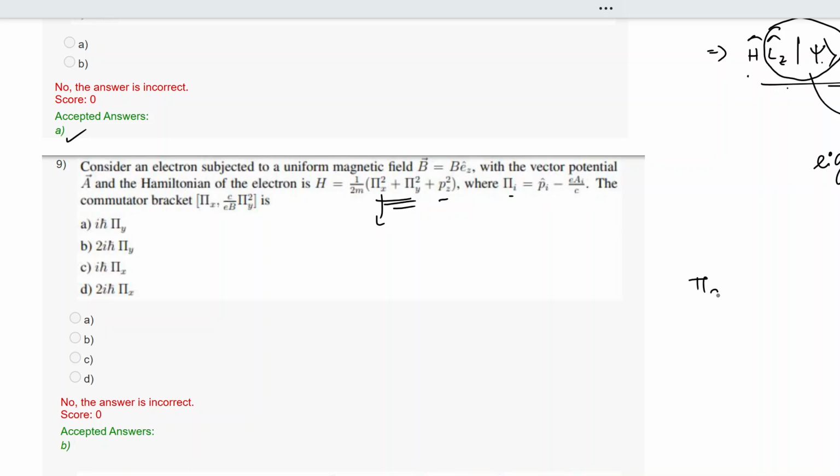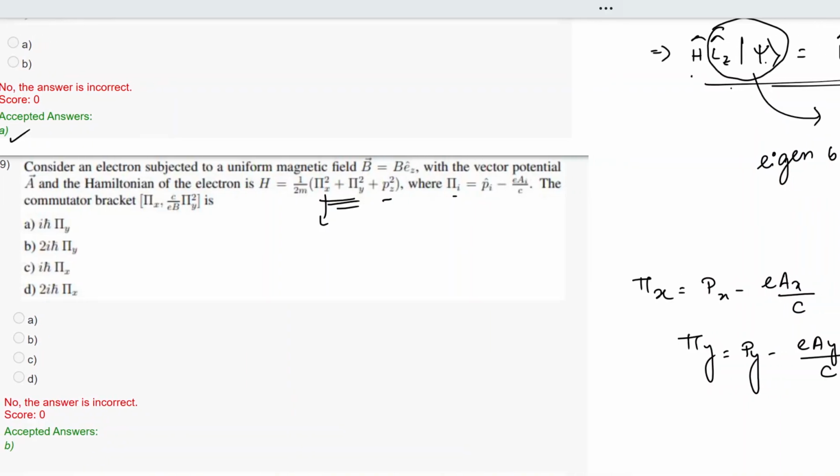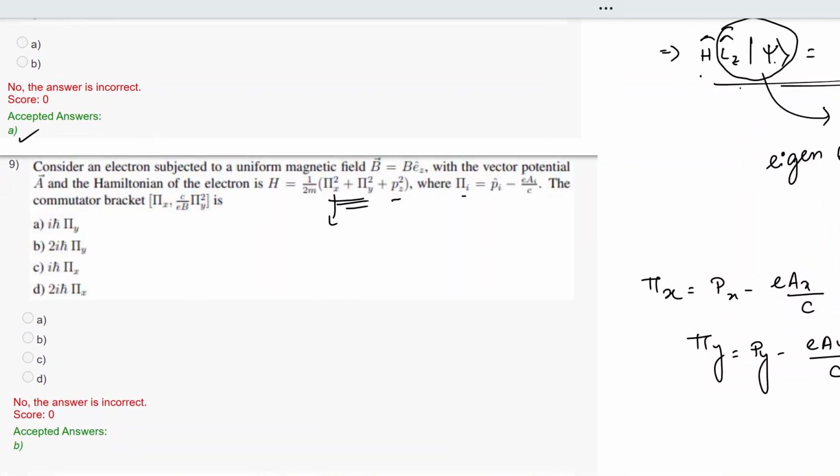So pi x is basically px minus e Ax by c, and pi y is equal to py minus e Ay by c. Then your B vector is equal to B ez cap along the z direction.